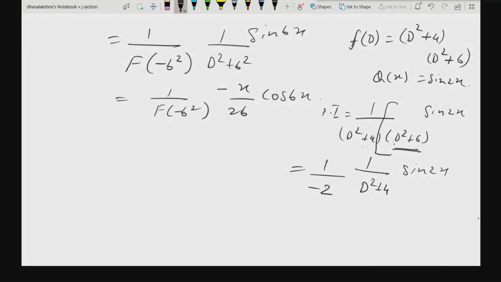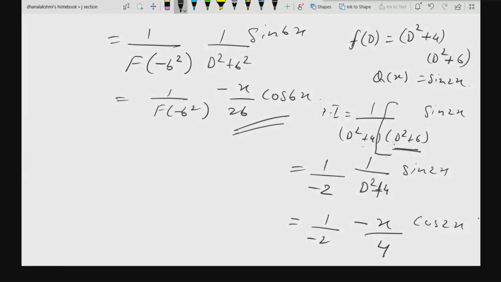Now since on applying this formula, when you replace d square with minus 2 square, it is getting 0, we will go for this formula. So this is 2 as it is. According to this formula, it will be x by 2b; b is 2 again, so 4 you will get here, cos 2x. Hope this you have understood. Yes, ma'am.